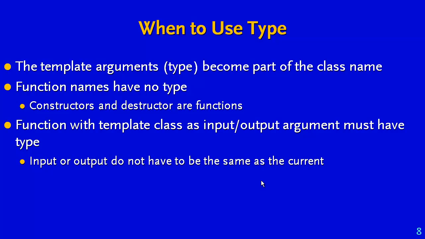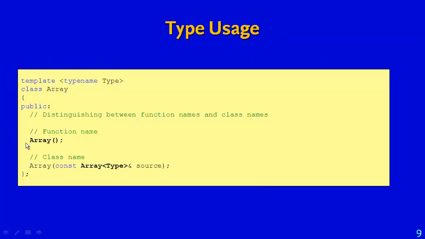Functions with template classes as input-output arguments must have the type. We can see some examples in a moment. Here are my first two examples. Let's say I've got my array class. I want to create the default constructor and the copy constructor. The default constructor is a constructor with no input arguments, as we know, and the copy constructor creates an object as a copy of another object of the same type.